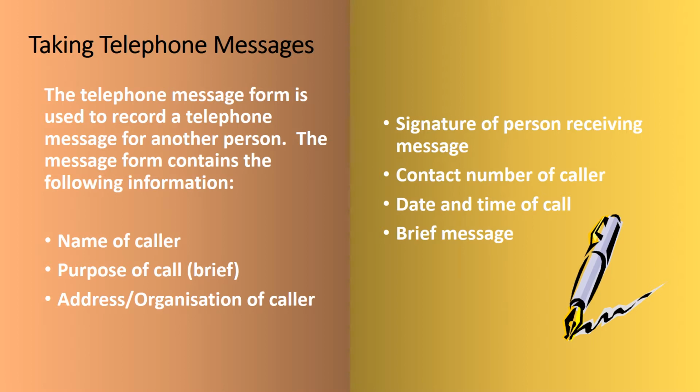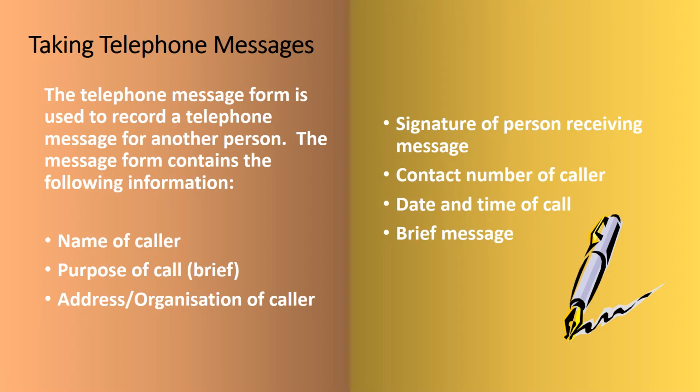Telephone messages are taken on a telephone message form or a telephone message pad for persons who either are away from the office or cannot take a call at a particular point in time.